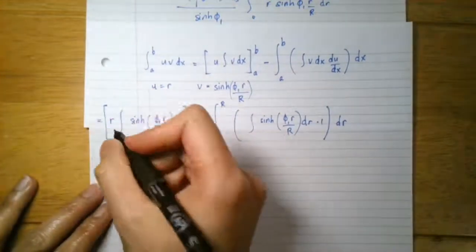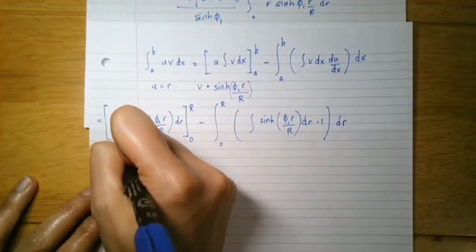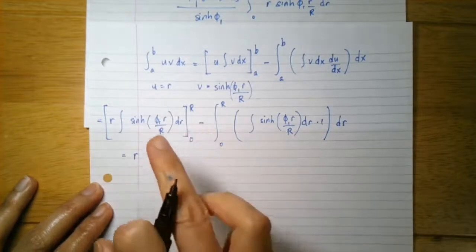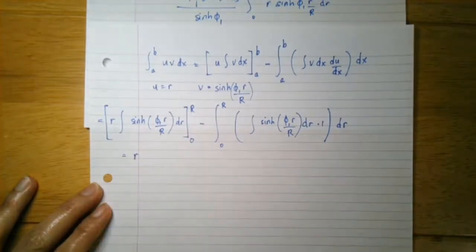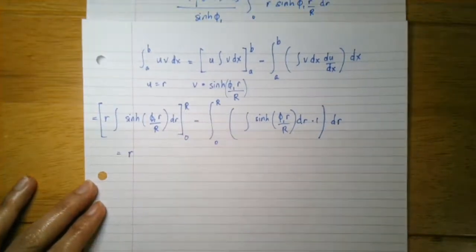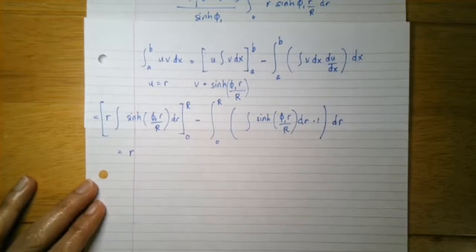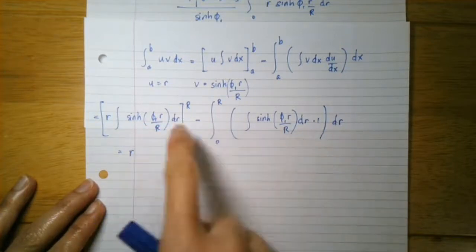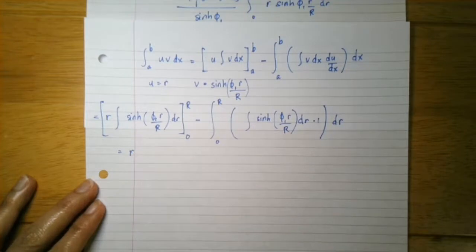So this first. So we'll have r. Although it looks daunting, it is quite simple because of the property of the hyperbolic functions. If you can remember the derivative and integral of hyperbolic functions, the integral of sinh is just cosh, and vice versa.